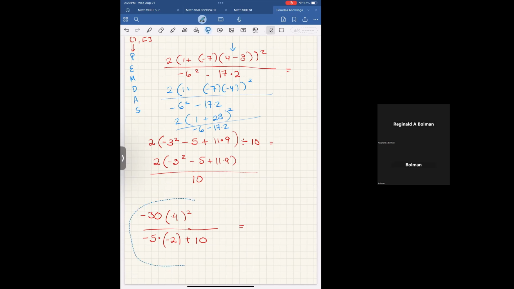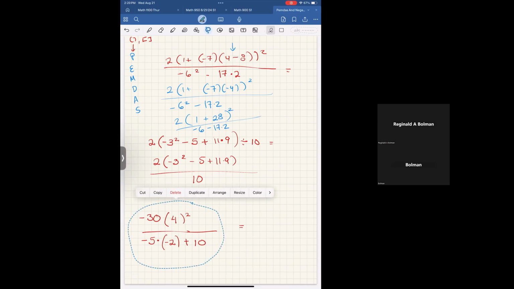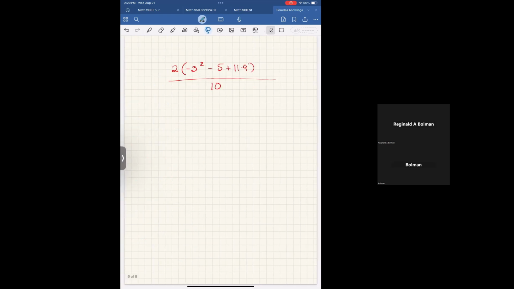All right, looking at this last example problem, we've got -30 times the quantity 4 squared all over -5 times -2 plus 10. And of course, the question that students will have is, how do we approach this style of problem? Well, we just need to remember PEMDAS.